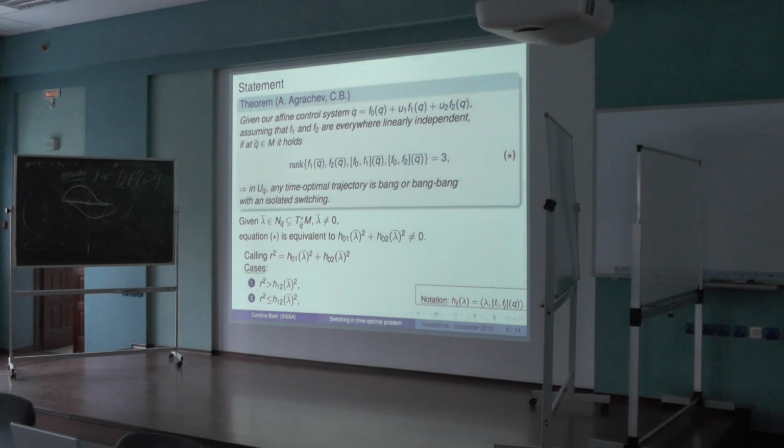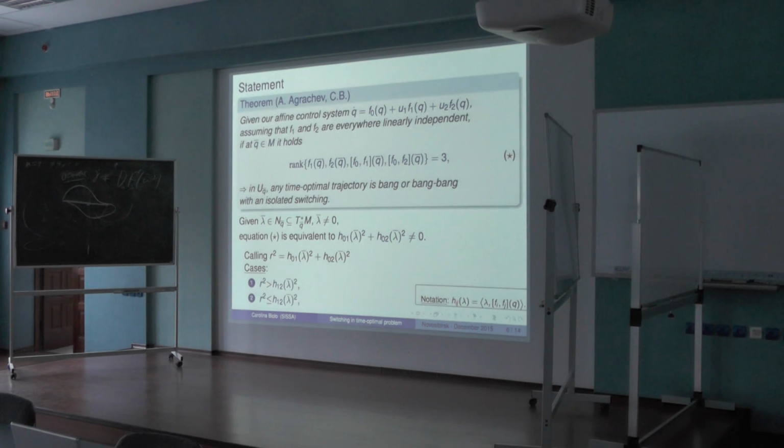This condition is easier to satisfy, yes. Because you imagine the idea that the system is small time locally controllable even using first order Lie bracket at q bar, but this is not guaranteed by the linear approximation, but by F1, F2, say.